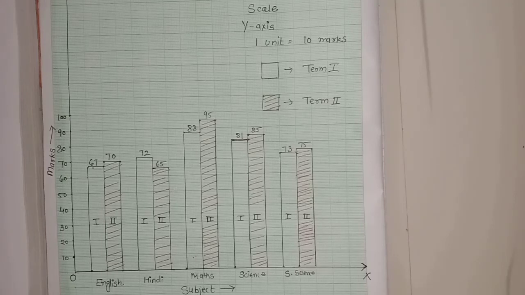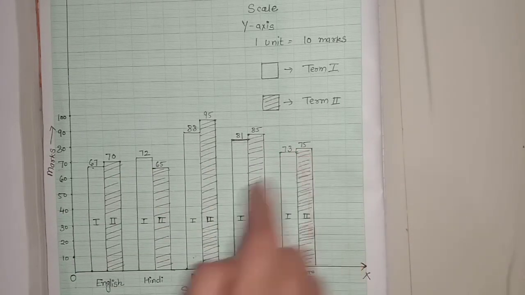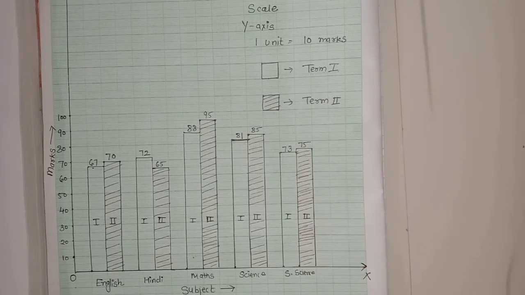Second question, in which subject has he improved the least? In which subject is he improving least? Student, again you can see the graph. As you can see, in social science the difference between term 1 and term 2 is only 2 marks, and in Hindi he is not improving.